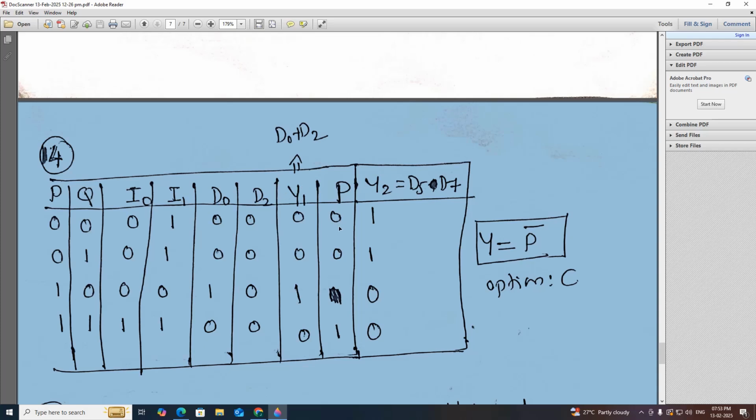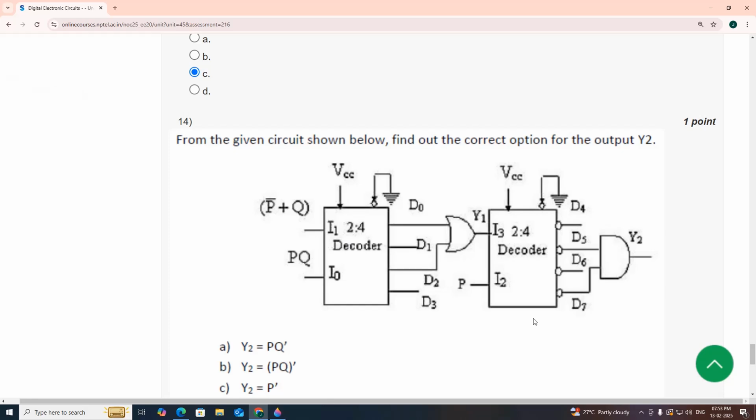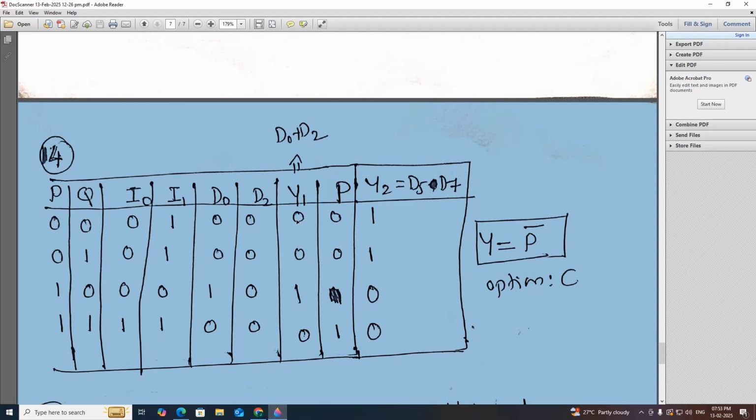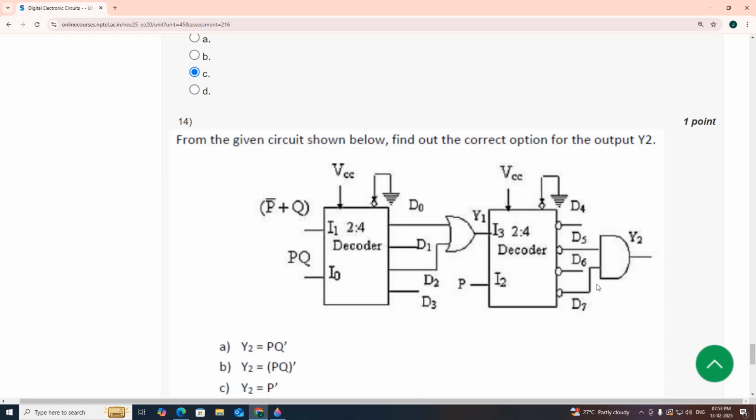So now these two are the inputs to the next. So here we can see P and Y1. Now we'll see the combinations. If both are 0, 0, what is the output? Output Y2 is nothing but D5 and D7 multiplication.